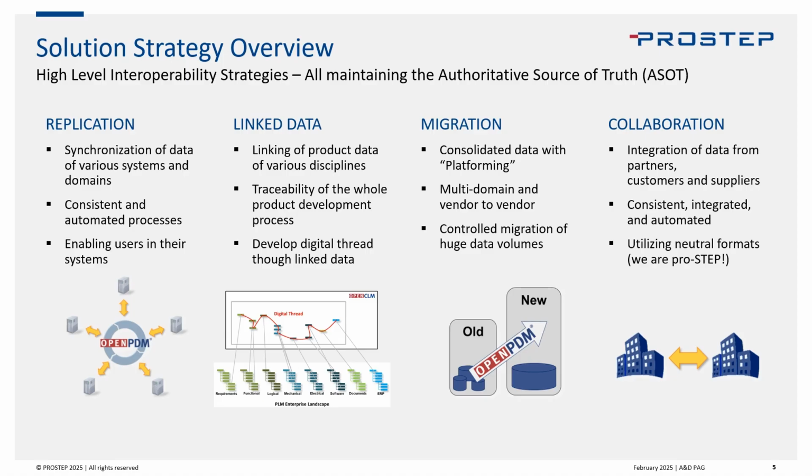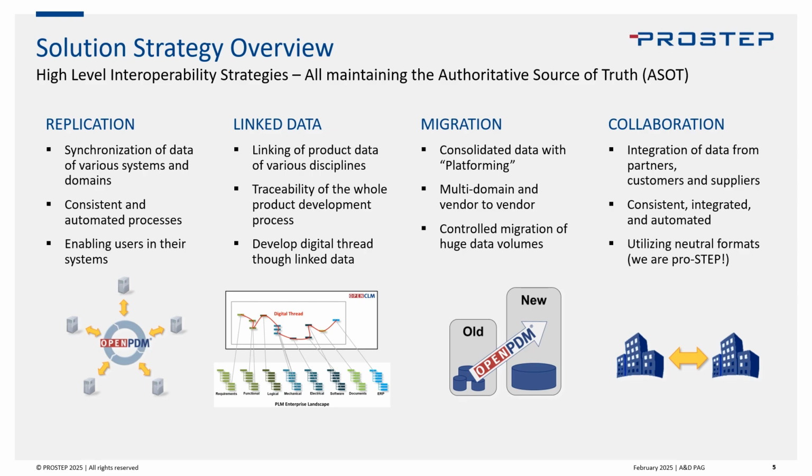The second technique is using linked data, and this is like with a web link or URI, where you can point from the source system and you have just that URI information, but it points to other systems and data that's within those systems. You can do that with our connectors or with open standards like OSLC, and you can have kind of that digital thread built there.